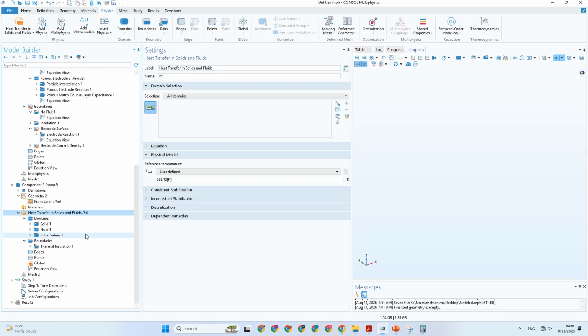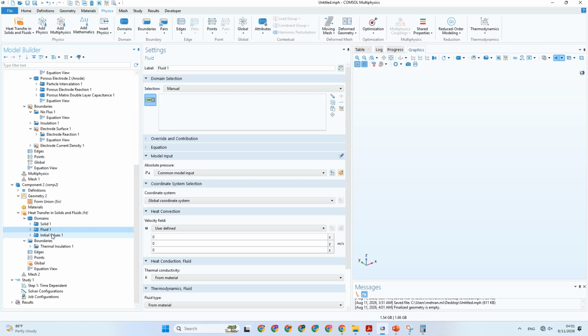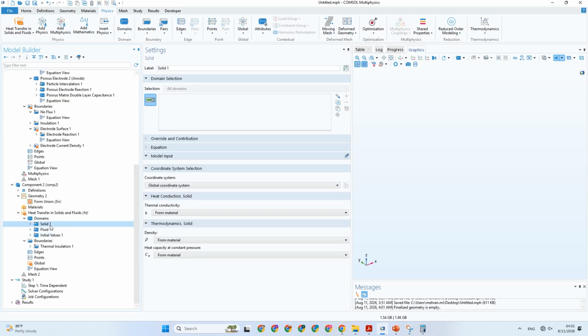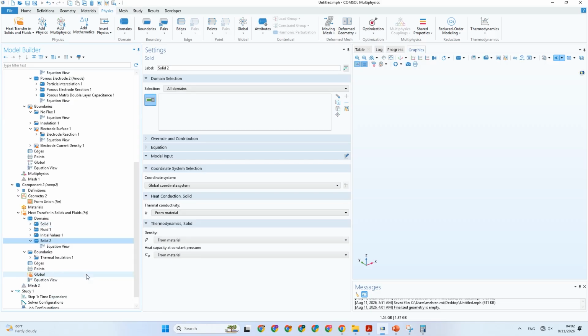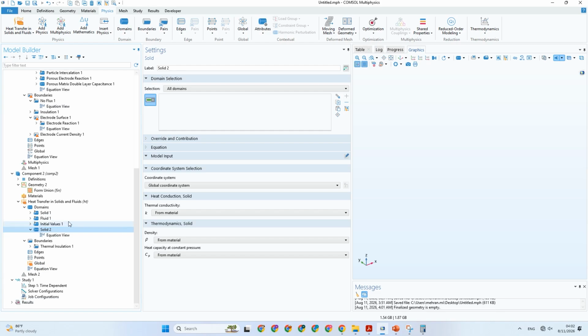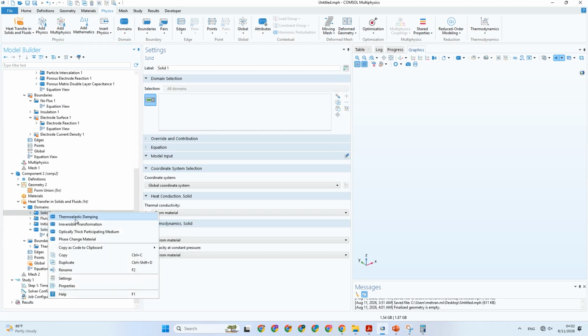We can add, we have fluids, solids. We can add two solids, for example. And here we can add, for example, thermoelastic damping, irreversible transformation, optically thick participating medium, phase change material.